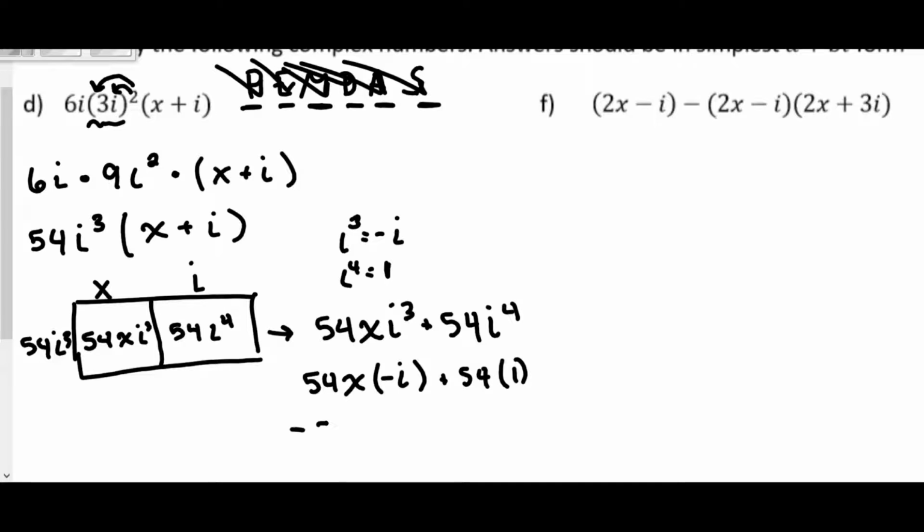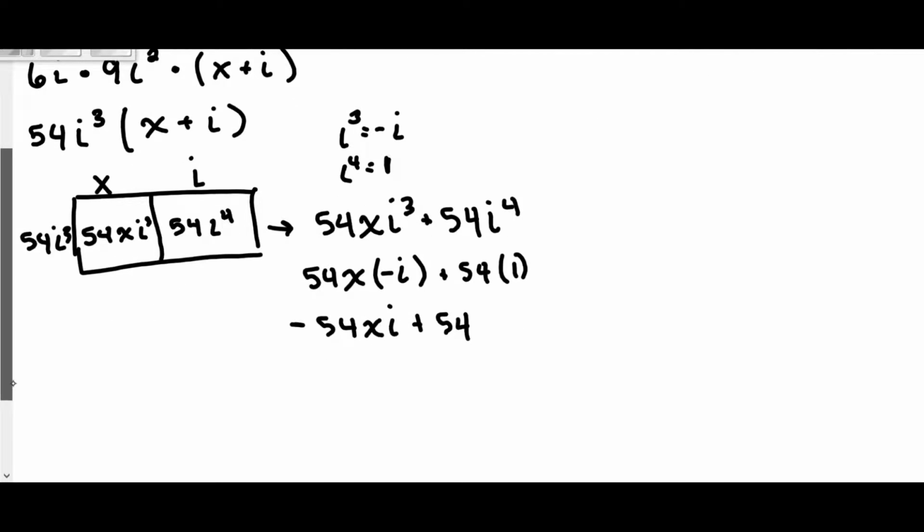So it goes negative 54xi plus 54. This is not in a plus bi form, so all I'm going to do is just put it in a plus bi form. So our real part goes in the front, and our imaginary part, or the term with the i, goes in the back. So our answer is 54 minus 54xi.